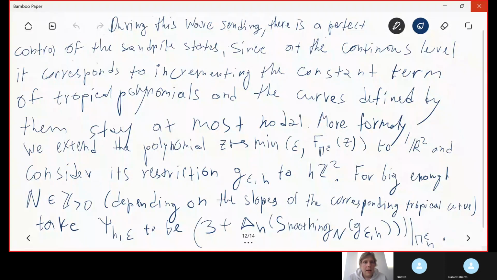Okay, and to make it a little bit more precise, here is another thing that comes also handy, that when we send the waves, we deform the tropical curve by increasing the single coefficient, and here we use again this result that our curve stays at most nodal. So we really need to know it in order not to lose the control.